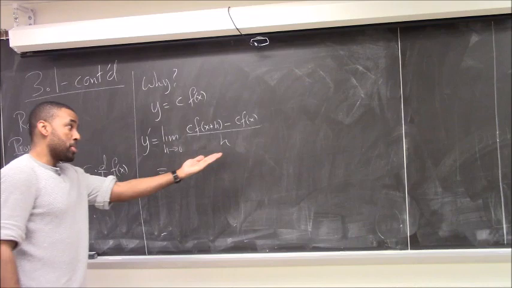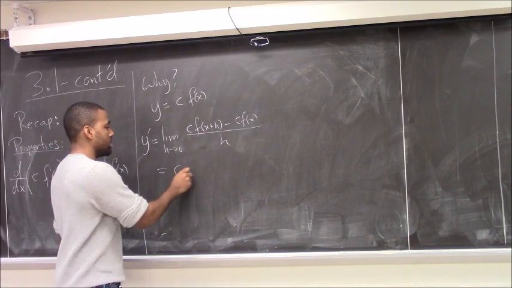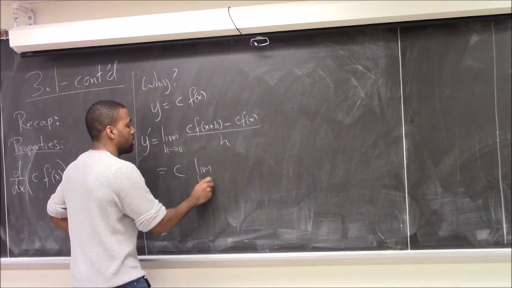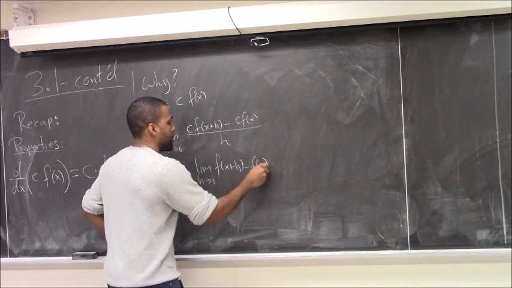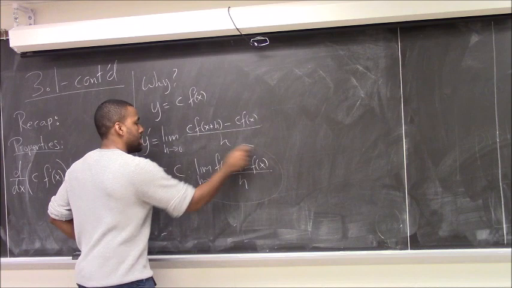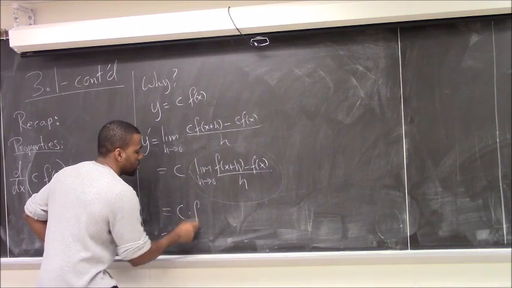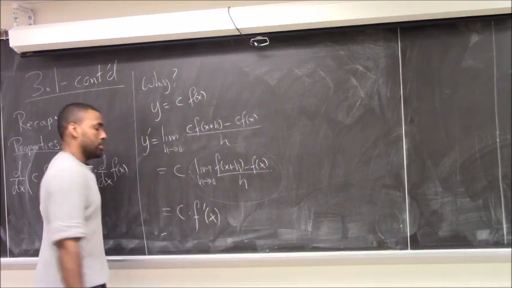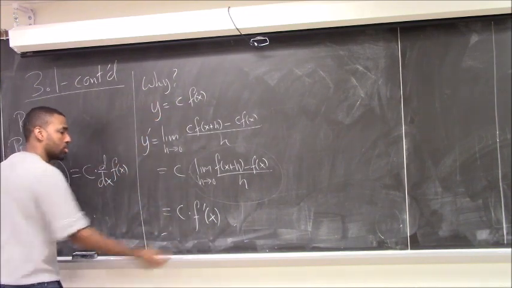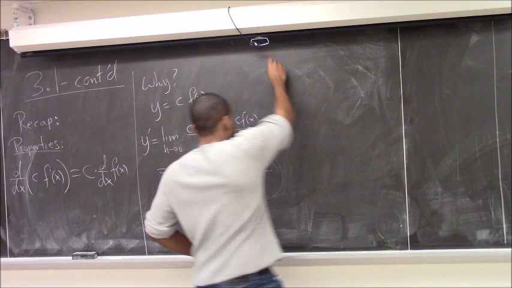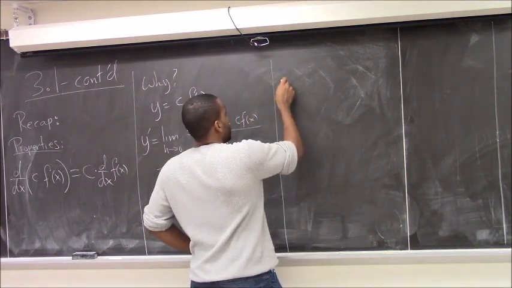We already know from our properties of limits that we can factor out constants, so I can take that constant and put it out in front. And so that guy now is just the derivative of f. So the derivative of a constant times a function is just a constant times the derivative of the function. Another property we had was the sum property.